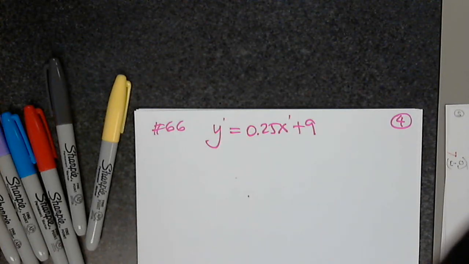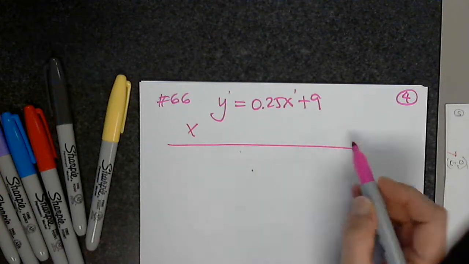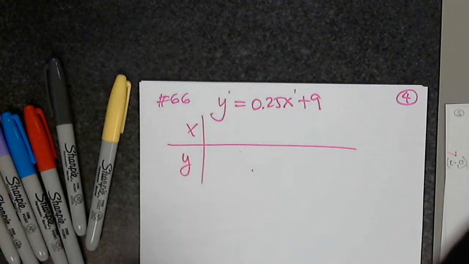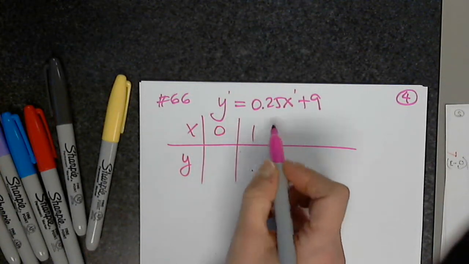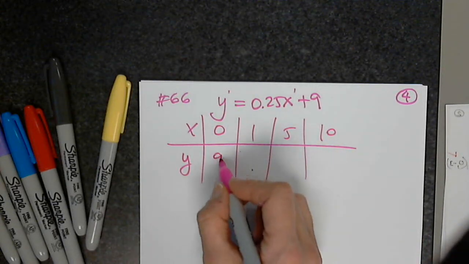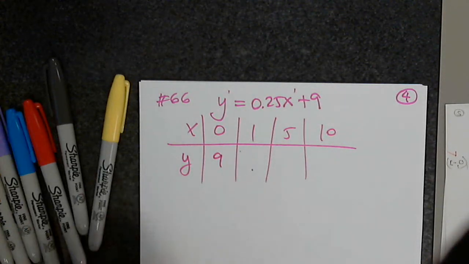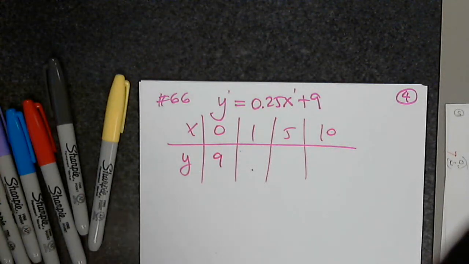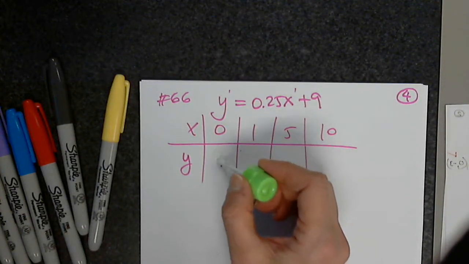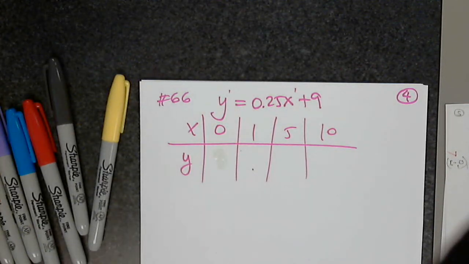Where X is the number of units produced by the employee in an hour. Complete the table. Finally, they are giving us a horizontal table. This is one that I prefer. 0, 1, 5, 10. Okay. So now they're asking us, I already started replacing it without asking you. I have to ask you first. Complete the table.